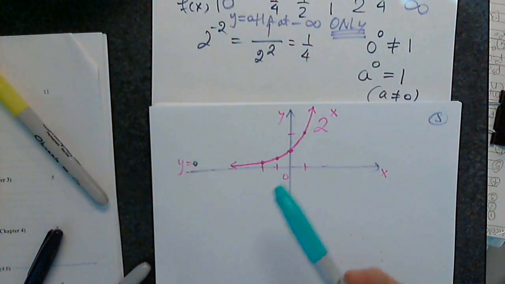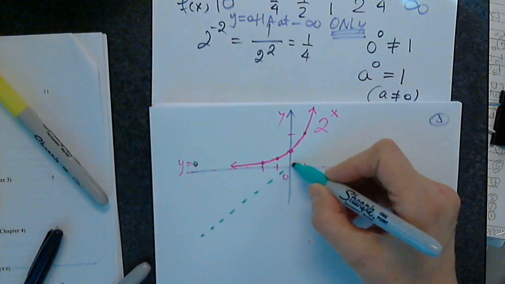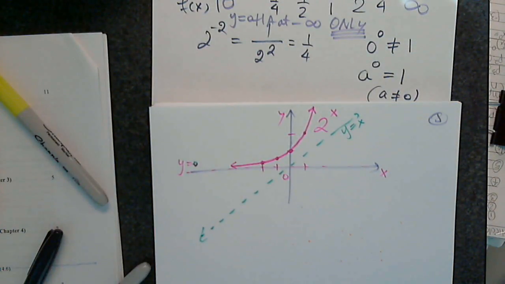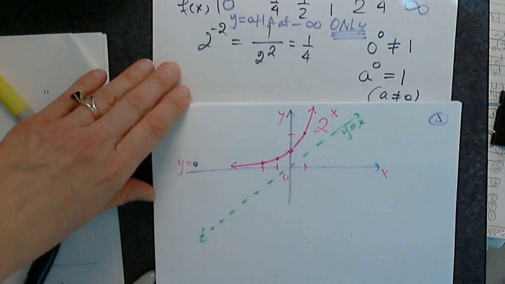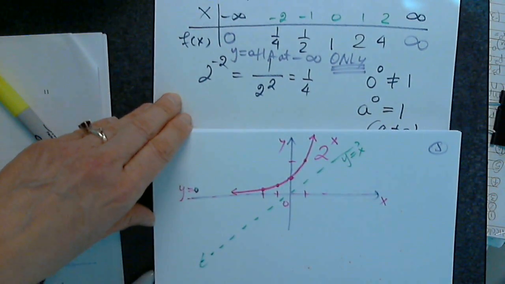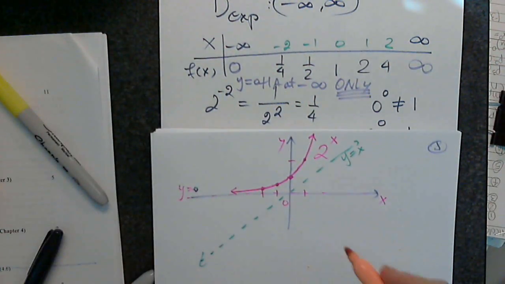So, because it's 1 to 1, I'm going to go ahead and graph its inverse function. I need a couple, maybe 3 ordered pairs, so I can graph the inverse function, please. Of course, 1, 0.